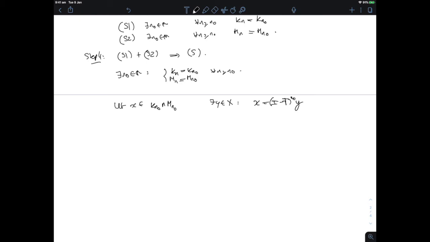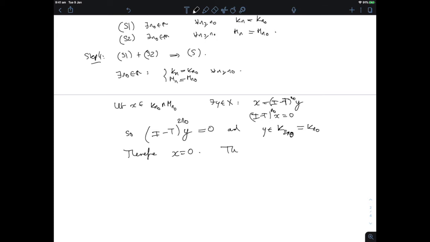And I can also say that I minus T to the power n naught of x is 0. So that gives me that I minus T to the power 2n naught of y is 0. And therefore y belongs to K_2n naught. But K_2n naught is K_n naught. So y has to belong to K_n naught, and therefore x has to be 0.